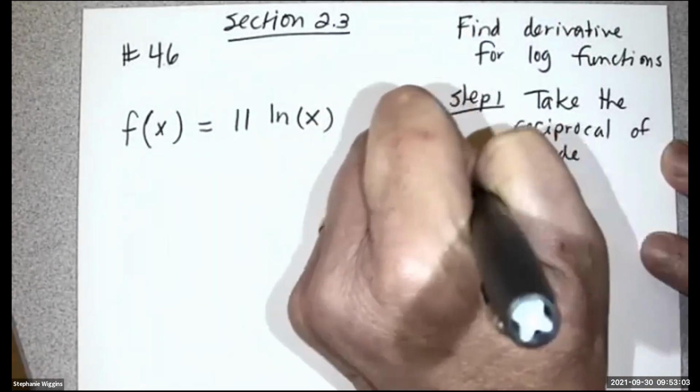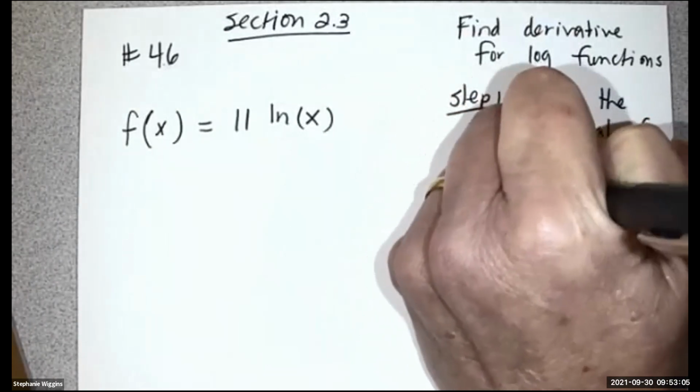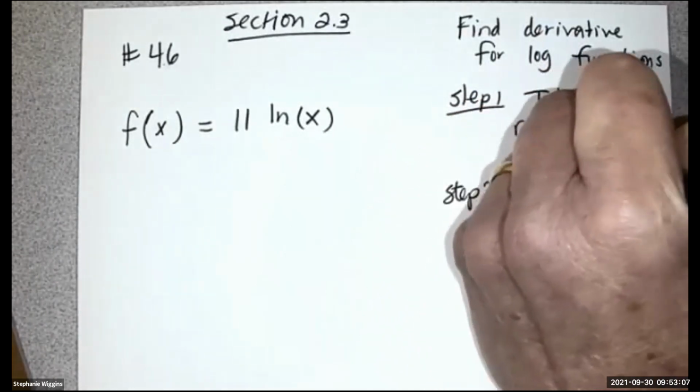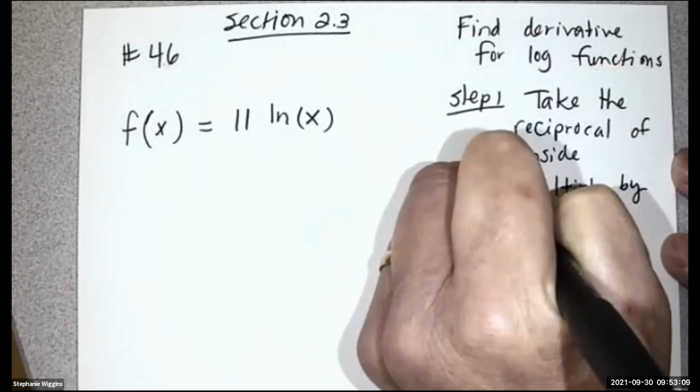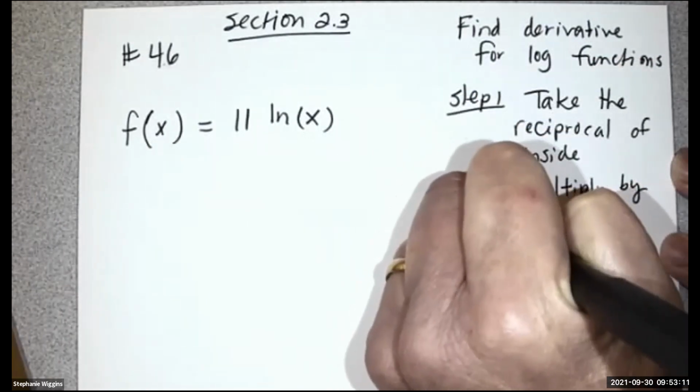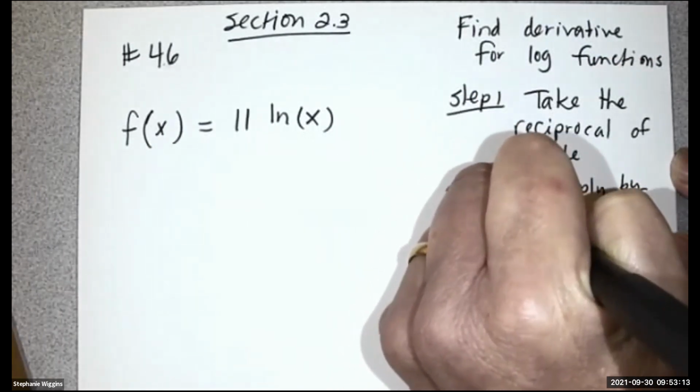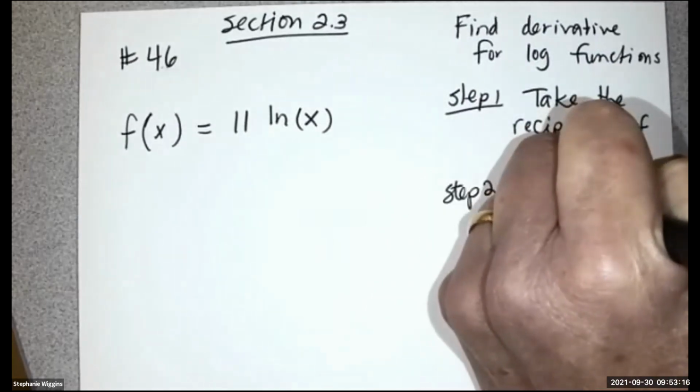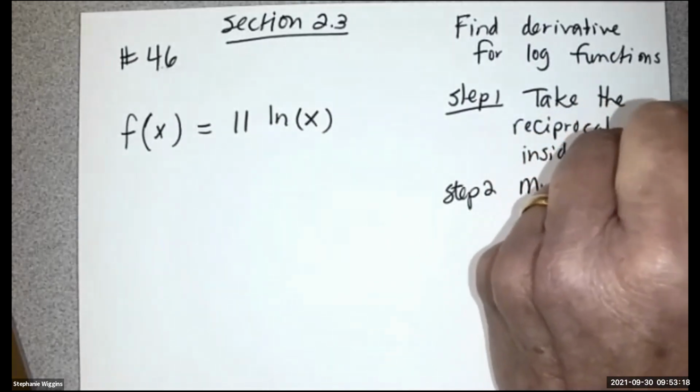Step 2, multiply by 1 over the natural log of a, where the base is a.